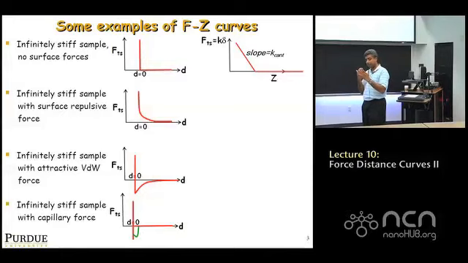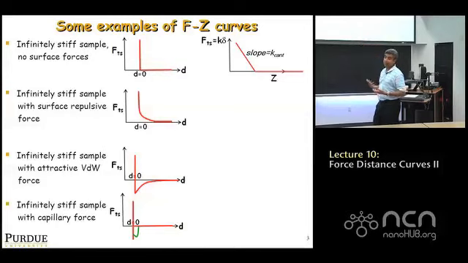Let's say you're trying to do a force distance curve on mica. You press, and first that little squishy bit squishes, and then you hit mica, which is effectively rigid, right? So you would get a gentle repulsive force due to the elasticity of that little squishy biological thing, and then you would hit the hard object, and you get effectively infinite stiffness, right?